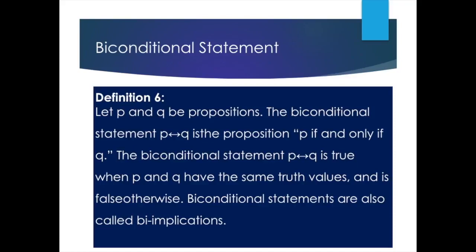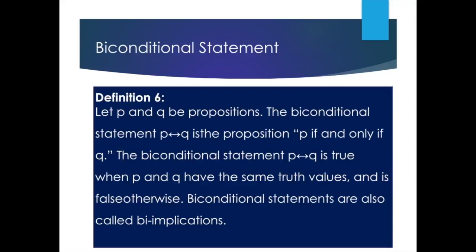The next thing we want to discuss is what we call biconditional statements. You will find in this course that the conditional statement is a little bit harder than the biconditional statement, which is a strange thing you would experience. With the biconditional statement, we have a definition: we have two statements, P and Q, and both are propositions.